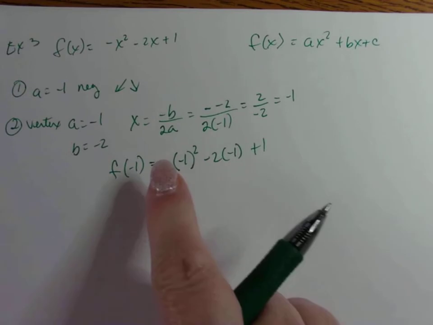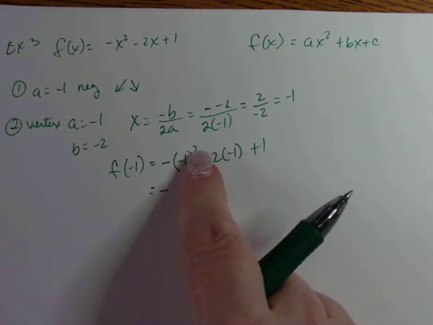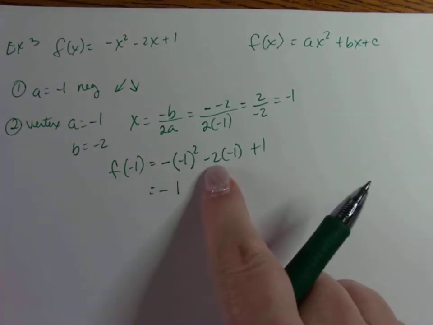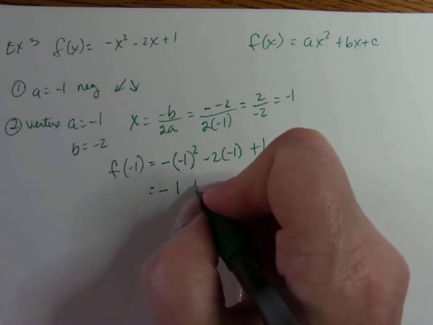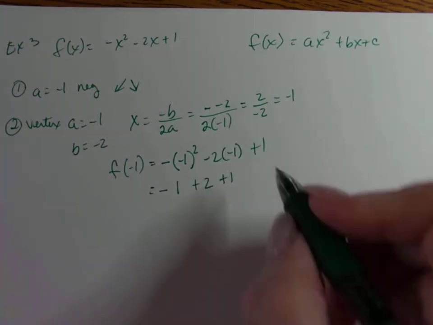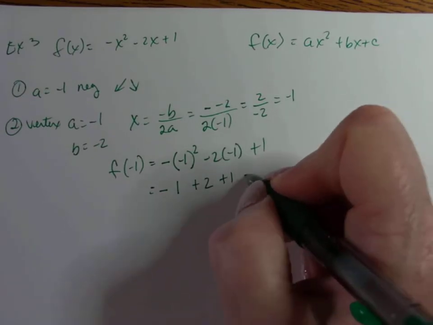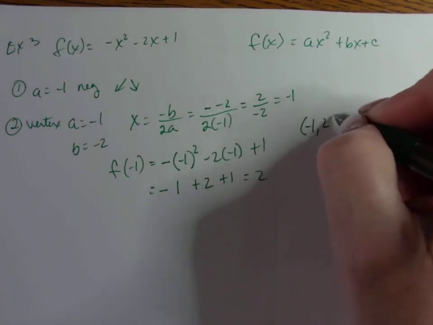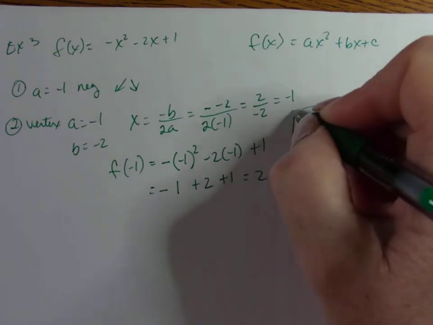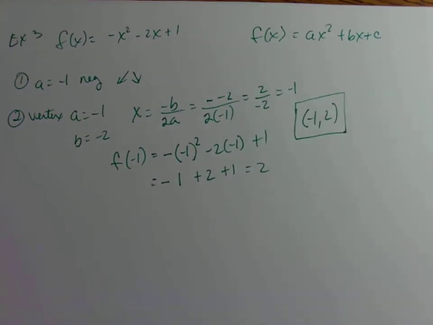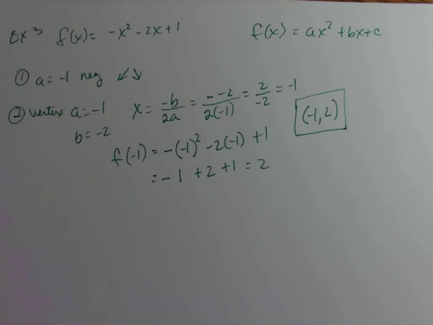So the negative out front will stick, but (-1) squared will get us 1. -2 times -1 will get us +2 plus 1. And when we add those together, we will get a +2. So our vertex will be (-1, 2). So this vertex takes a little bit more effort to figure out, because it's not just h, k.